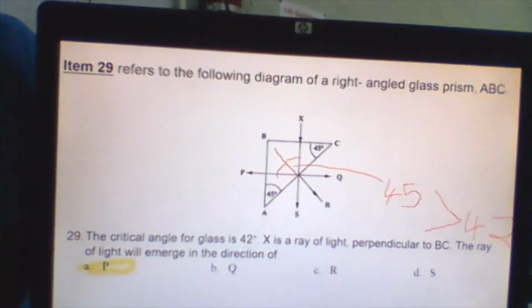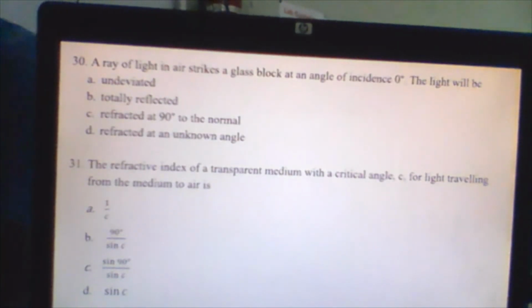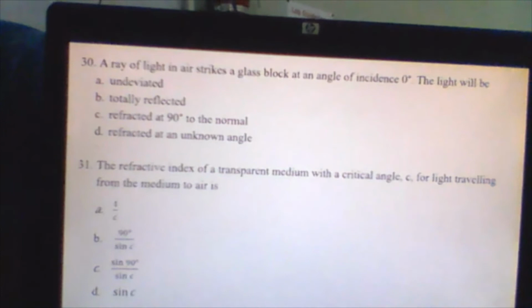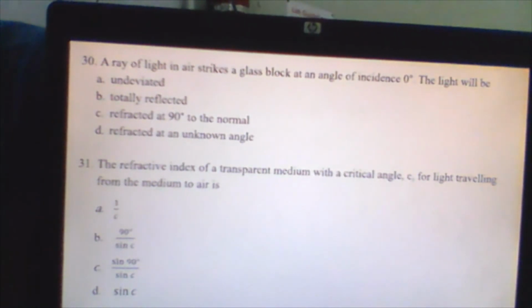Good? Next question, number 30. It says a ray of light in air strikes a glass block at an angle of incidence of 0 degrees. Good? So that's the angle of incidence, 0 degrees. The light will be either A, undeviated, totally internally reflected, refracted at 90, or refracted at an unknown angle.